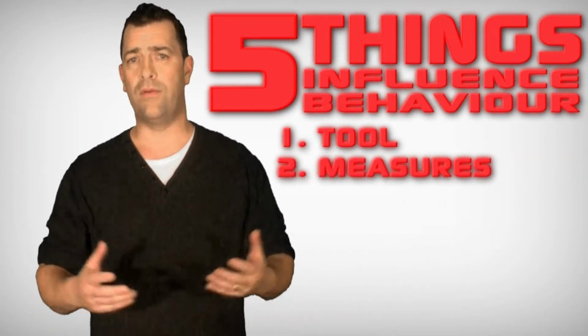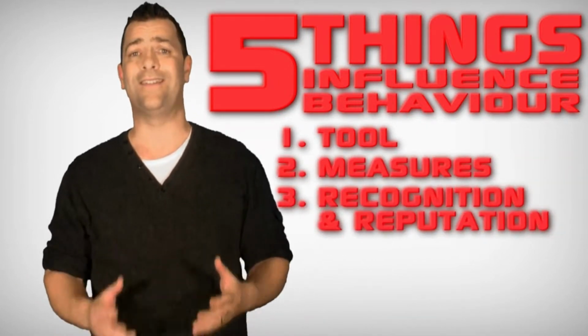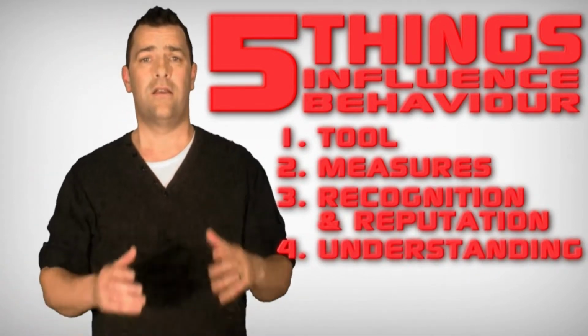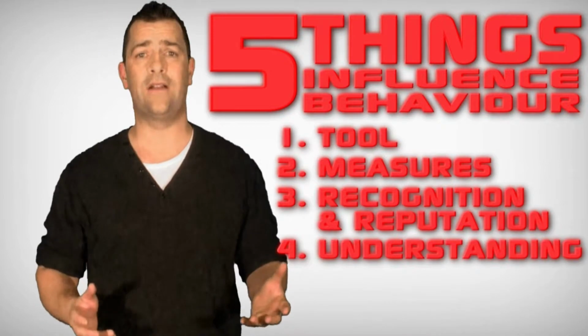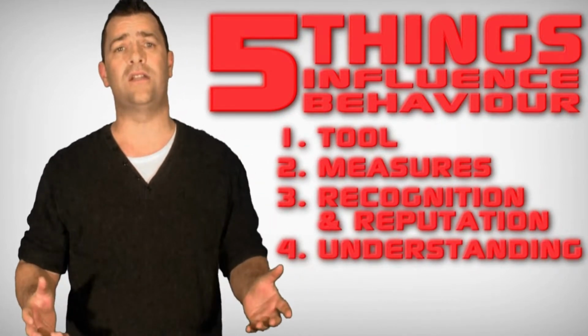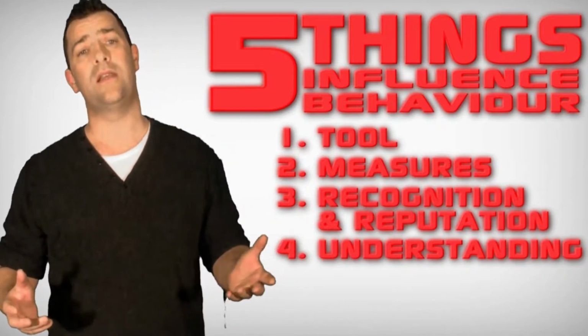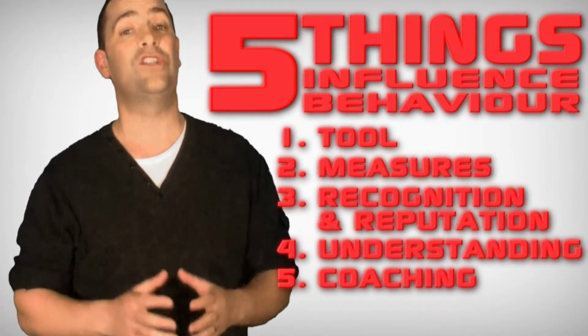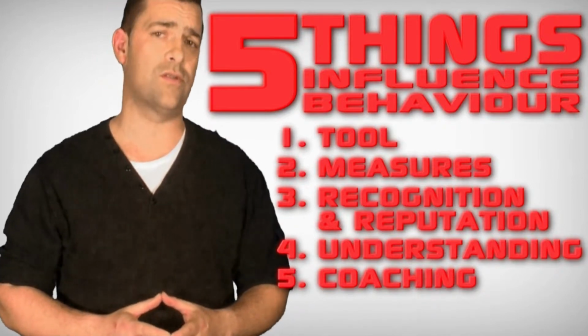Measures, how people are measured. Recognition and reputation. Understanding, the extent to which the support analysts understand what's in it for me, as well as the bigger picture of what's in it for the company and the customers. Coaching, peers who are trusted change agents and role models.